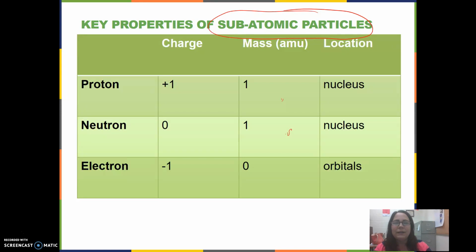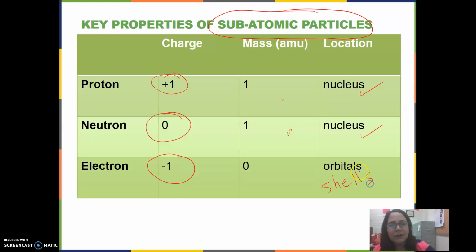Protons have a charge of +1. Neutrons have a neutral charge or zero charge, and electrons have a -1 charge. The proton is located in the nucleus along with neutrons, and then electrons reside in orbitals, or sometimes we call them electron shells.